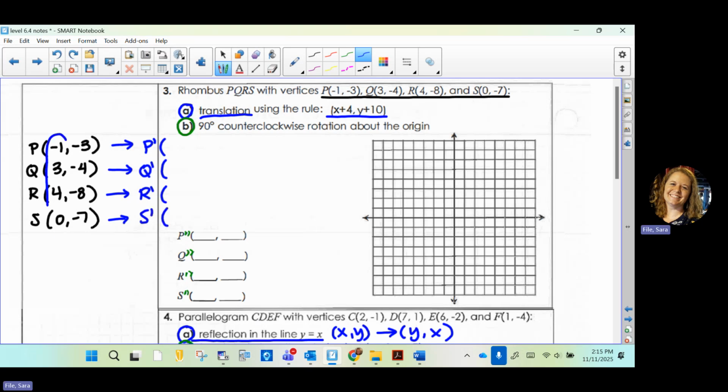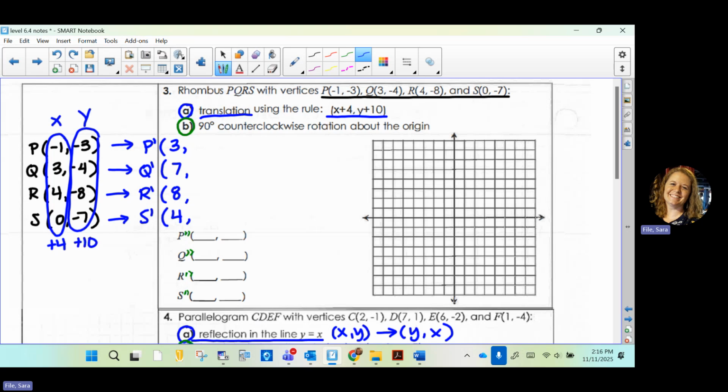So the X's, remember this is X, we're adding 4. So X plus 4. So -1 plus 4 is 3. 3 plus 4 is 7. 4 plus 4 is 8. And 0 plus 4 is 4. Now we're going to do the Y. The rule says to do Y plus 10.